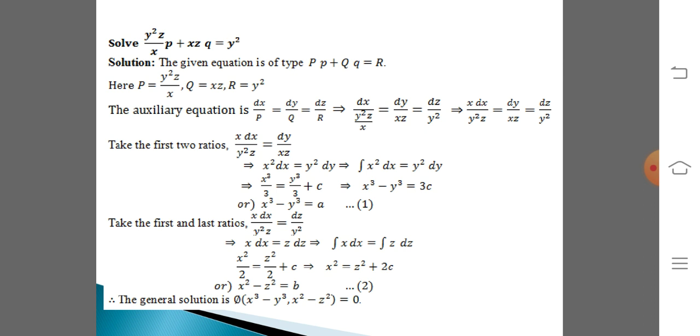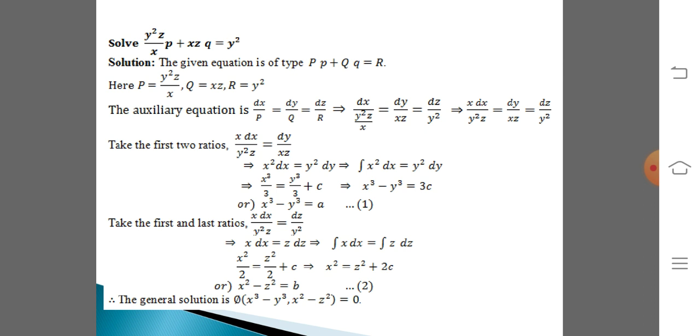You know integral x square dx is x cube by 3 and integral y square dy is y cube by 3 plus an integration constant c. So we have x cube by 3 equal to y cube by 3 plus c. You keep the constant on one side and you group the remaining terms on another side. So we have x cube by 3 minus y cube by 3 equal to c.